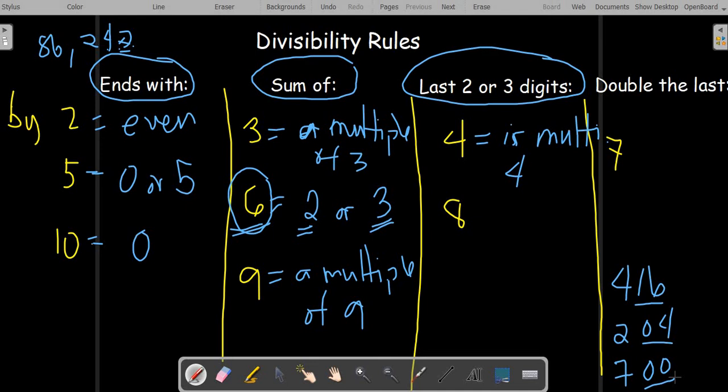For number 8, you look at the last 3 digits.